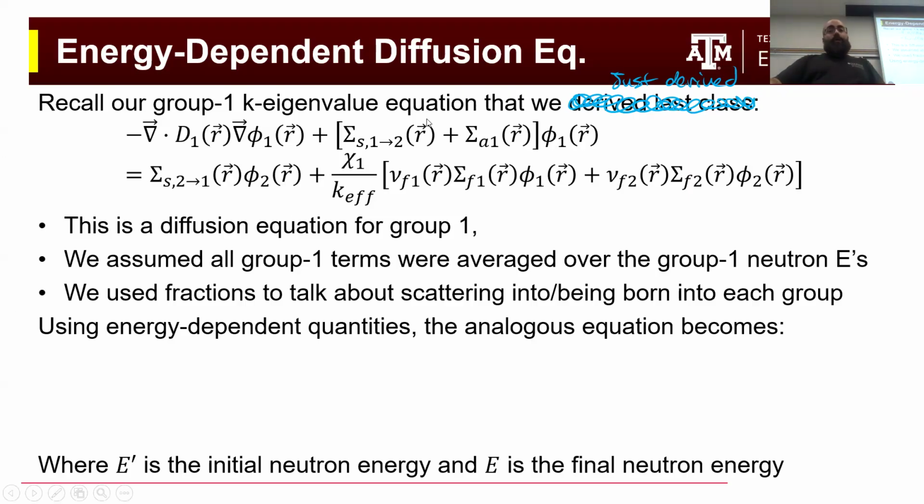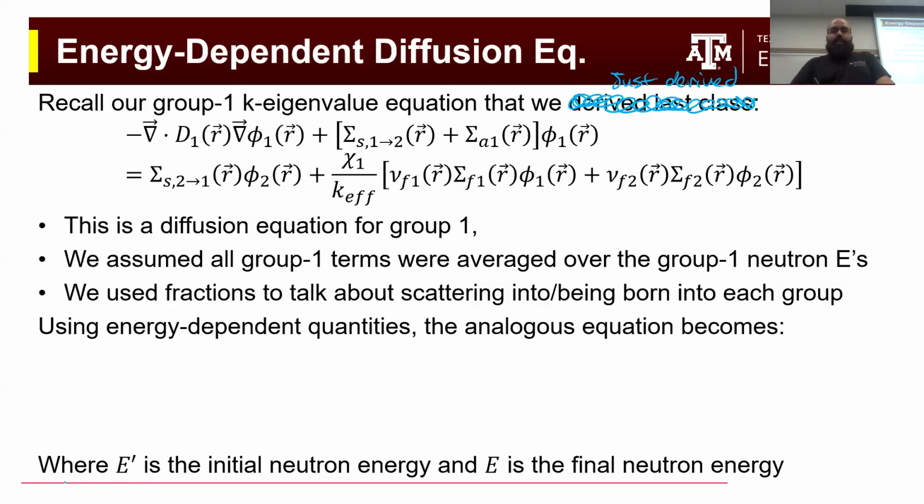If we want to, we could take this equation and rewrite it using energy dependent quantities, where instead of talking about two groups, we could just use an energy variable E and have the energy be a continuous variable.